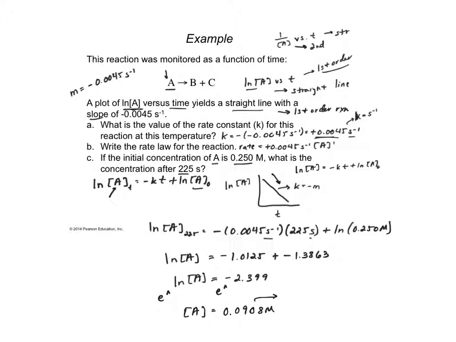And so this is the concentration of A at 225 seconds. And intuitively it makes sense. It's less. We started at 0.25.